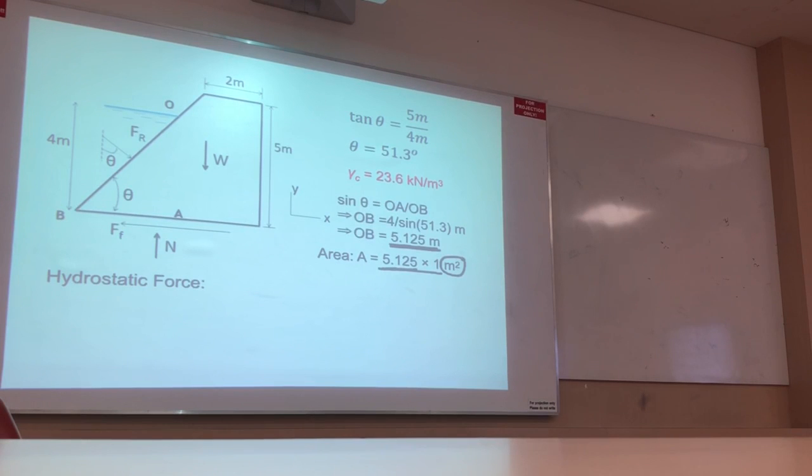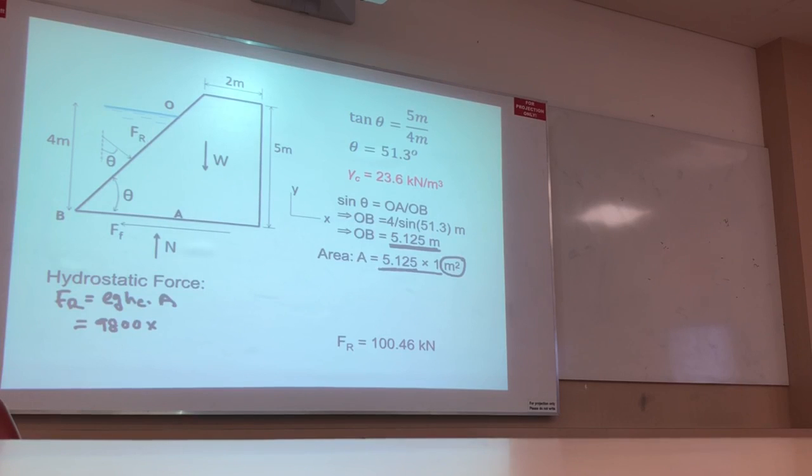Okay, 5.125 meters square. So what is the value of hydrostatic force? Tell me. Hydrostatic force, I get this number. How? Fr becomes rho g Hc area, right? What is rho? 9800.